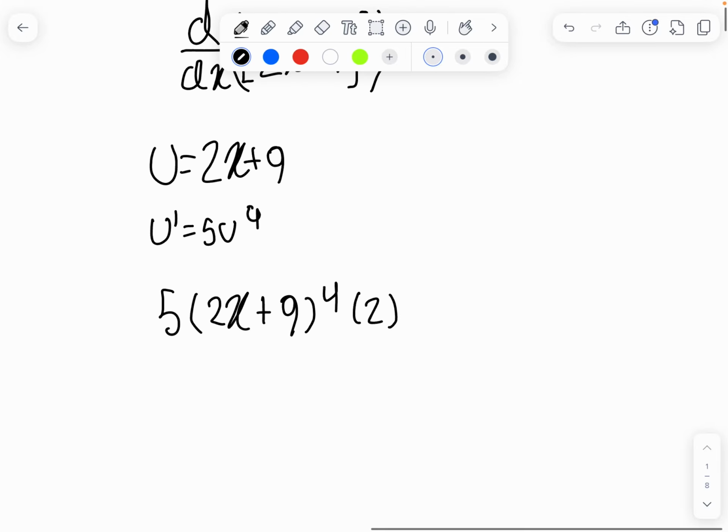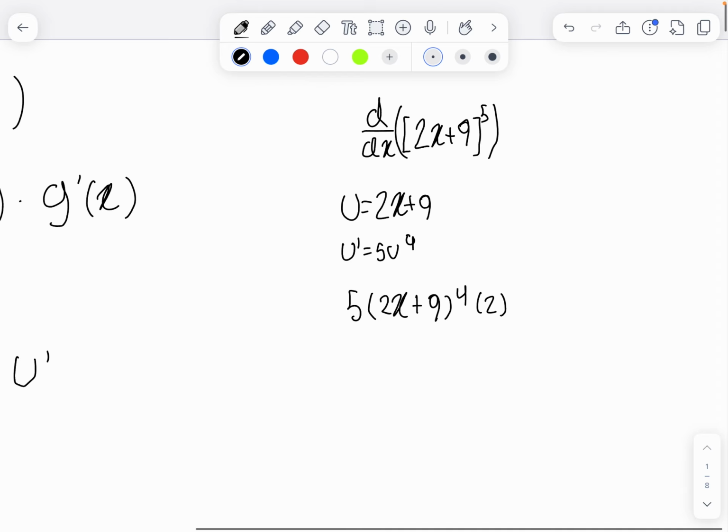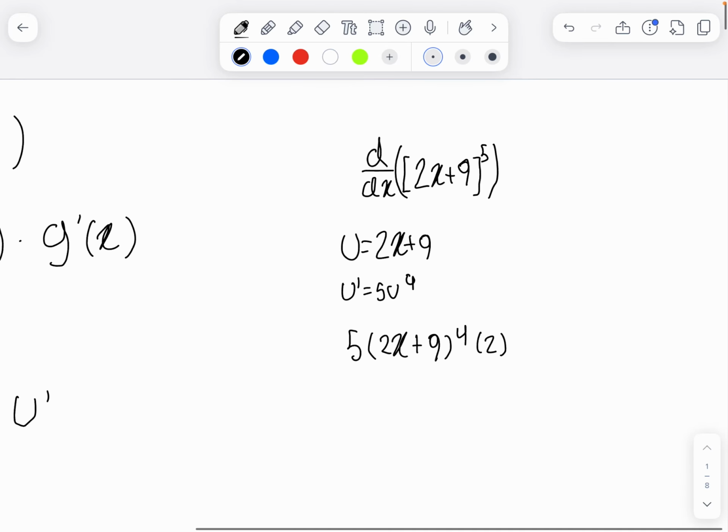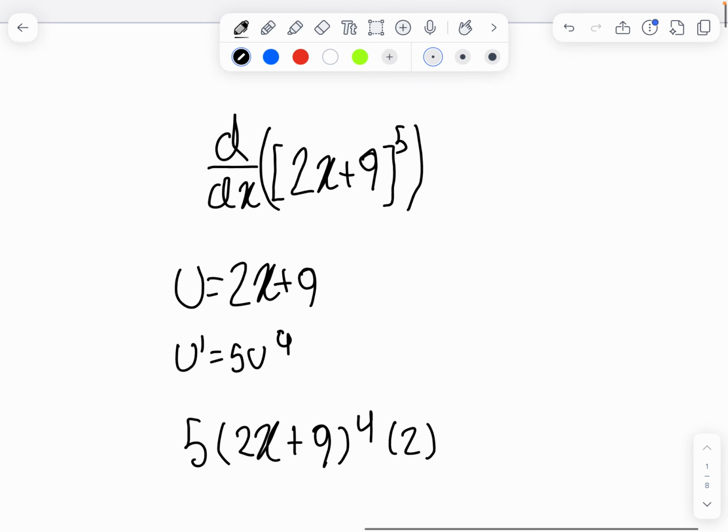So if you still don't understand, remember, it's the derivative of the outside multiplied by the derivative of the inside. The derivative of the outside, in this case, means if this was treated as one term, and let's say the highlighted part was u, then the derivative of the outside would be u to the power of 5, multiplied by the derivative of the inside, and the derivative of the inside is 2, because the derivative of 2x plus 9 is 2.